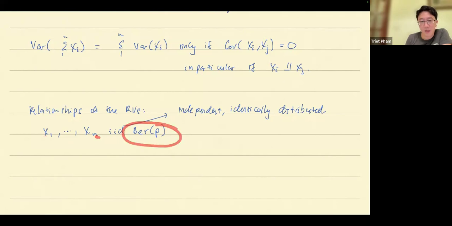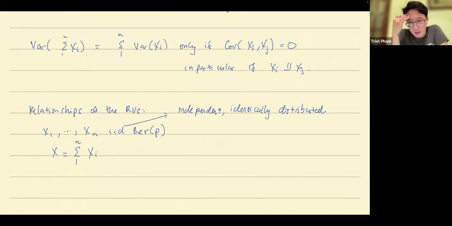Each of them is a success with probability P. So if you sum these random variables up, and let's say you call that random variable X. This happens a lot in a class like this or in stochastic processes in general. We tend to sum random variables a lot. Then this will have what kind of distribution? If you sum up Bernoulli random variables, what do you get?